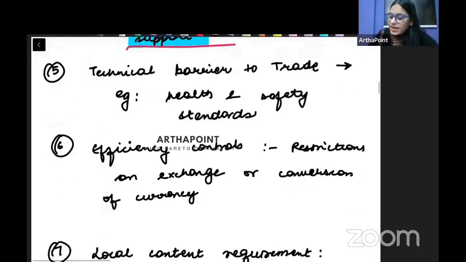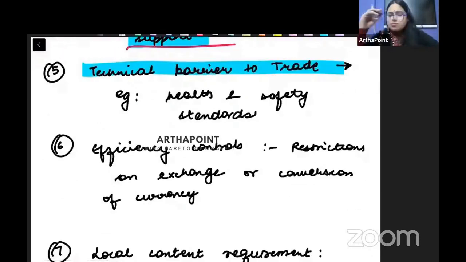Next, look, technical barriers to trade. The US especially does this a lot. What will the US say? Look, India is not producing a good quality product. India is not taking care of the health measures. India is giving us bad quality food. It is not taking care of this condition when producing.